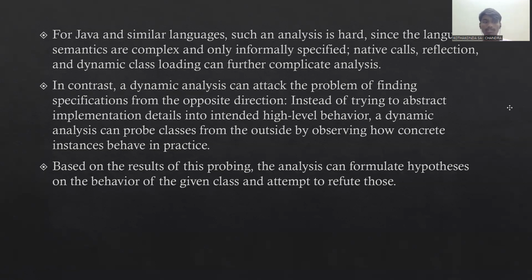Instead of trying to abstract the implementation details to intended high-level behavior, a dynamic analysis can probe the classes from the outside by observing how concrete instances behave in practice. Based on the results of the probing, the analysis can formulate hypotheses on the behavior of the given classes and attempt to refute those.